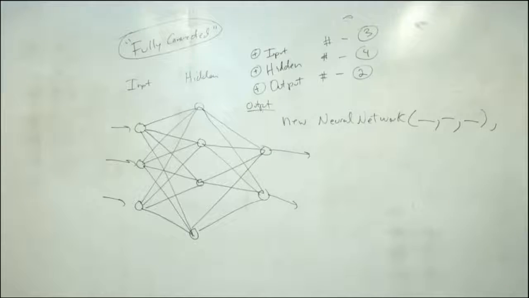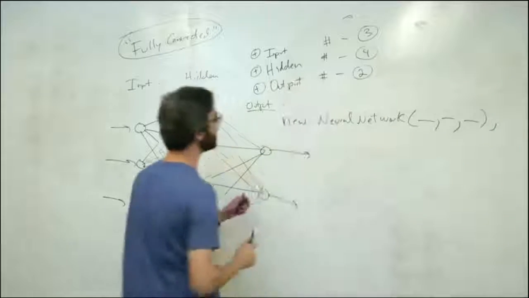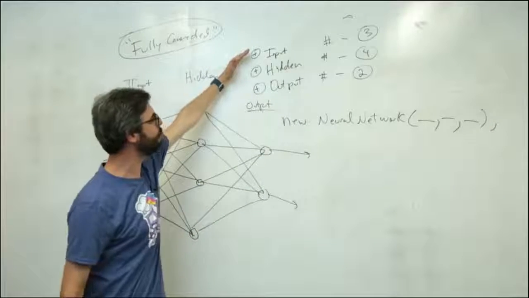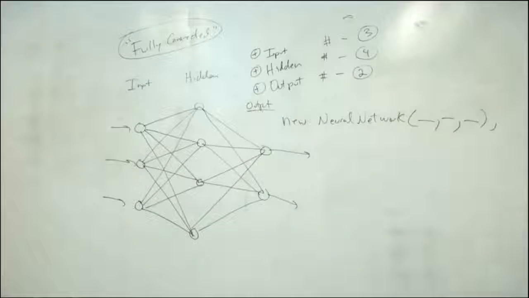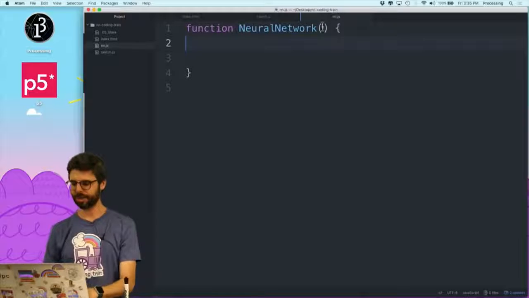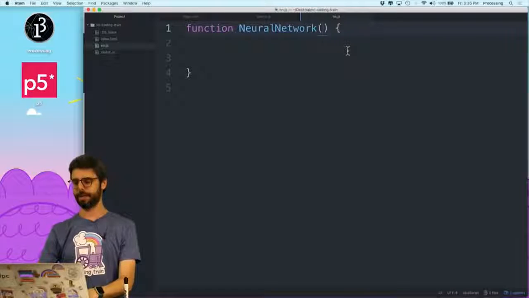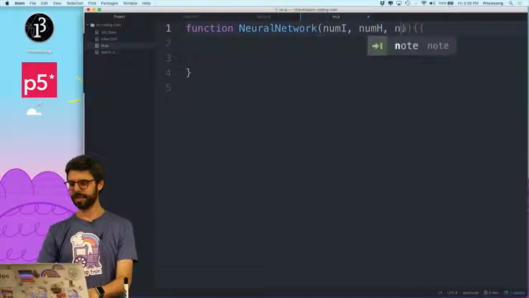The core thing that I want to do is create the neural network with a certain number of input nodes, number of hidden, number of output. So I'm going to add those as arguments here: number of input, number of hidden, number of output.